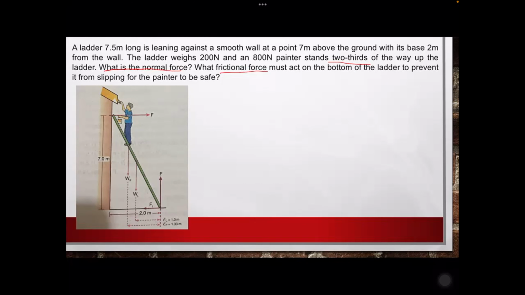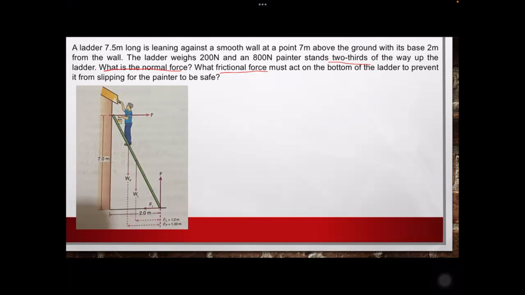Kunwari, di ba, kapag nag-brake ka ng sasakyan, yung brake clamp or yung brake shoe ay nag-a-attach doon sa gulong, that cause a friction. So, iniipit niya para magkaroon siya na para mag-stop. So, yun yung idea ng friction.